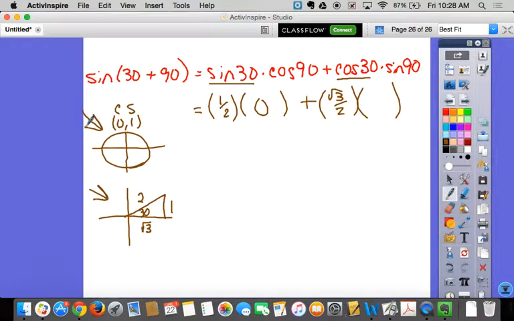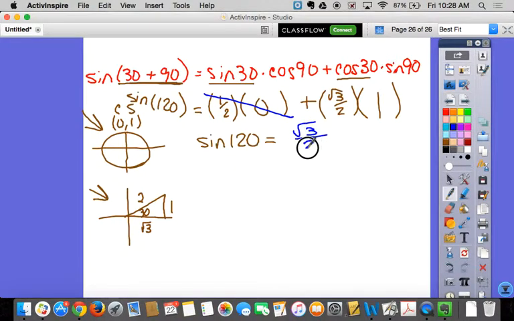Sine is 1. Okay, now what this says is sine of 30 plus 90. That means you can add those together because order of operations, these are grouped. That is what, 120? Am I doing that right? Okay, so let's just think. 0 is going to wipe all of this out. And this is going to be square root of 3 over 2.